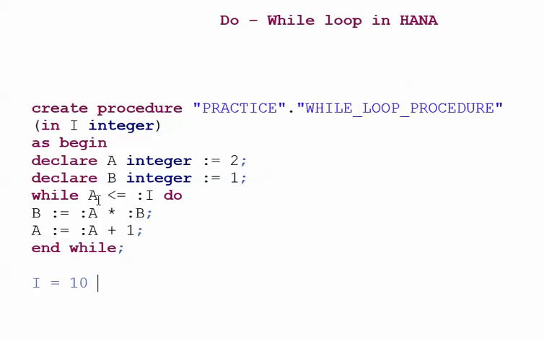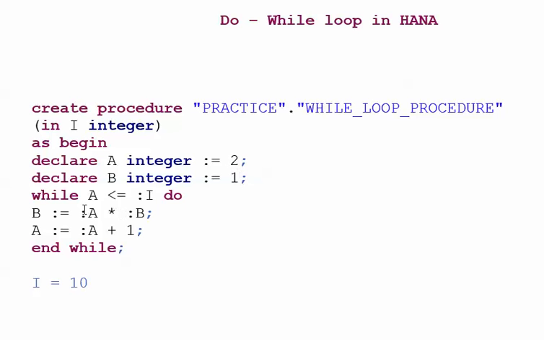As currently the value of a is 2, and 2 is smaller than 10, it will do this inner function, that is a multiplied with b, I mean 2 into 1.